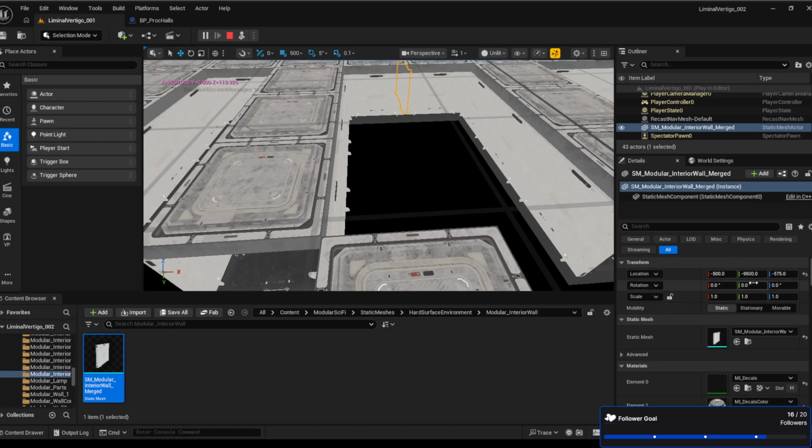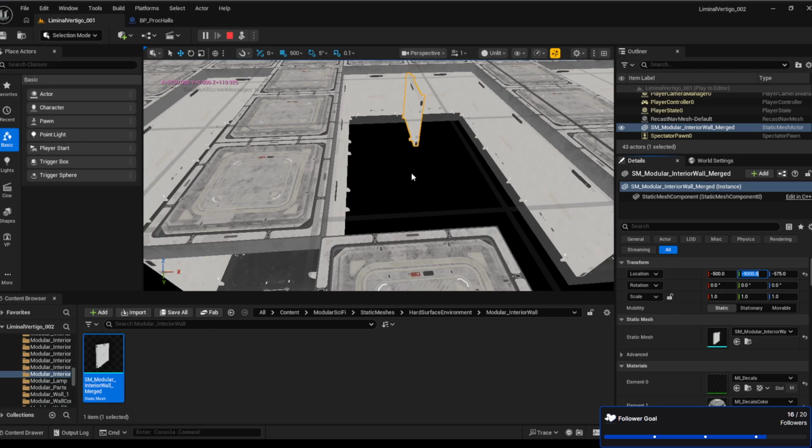Right there. Instead of over here, it should be right over here. Alright, so the numbers are negative 500 and negative 1,000. Negative 500 and negative 9,000.